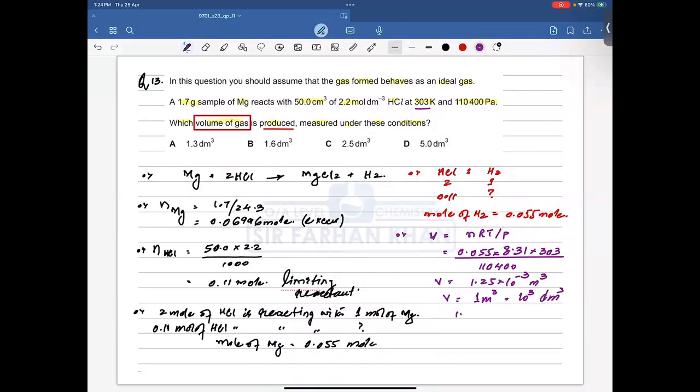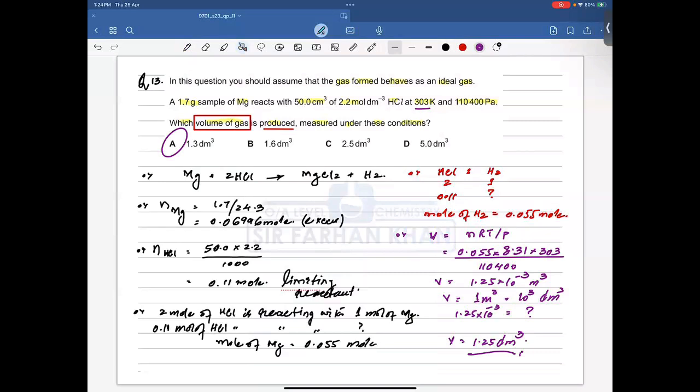So if you have 1.25 into 10 to the power minus 3, how much volume do we have? Let me check. 1.25 exponent minus 3 into exponent 3. So it's basically 1.25 dm cube, which is nearest to 1.3. So my answer is going to be A.